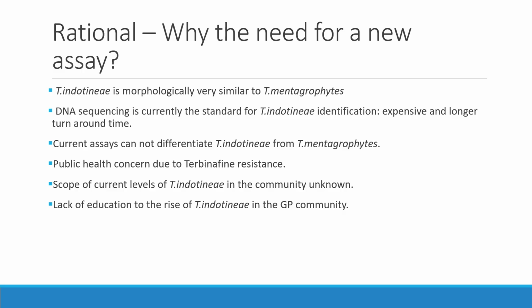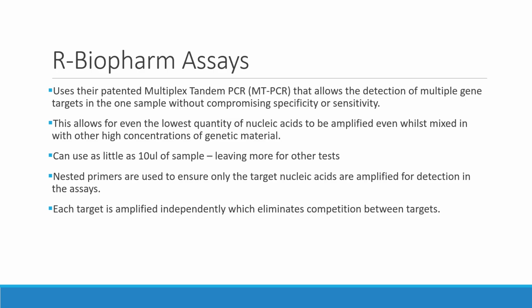So we'll just have a brief overview of R-Biopharm's assays and how they work. The assays use a patented multiplex tandem PCR, or MT-PCR, that allows for the detection of multiple gene targets in the one sample without compromising specificity or sensitivity. This allows for the lowest quantity of nucleic acids to be amplified, even if they are mixed in higher concentrations of other genetic materials.